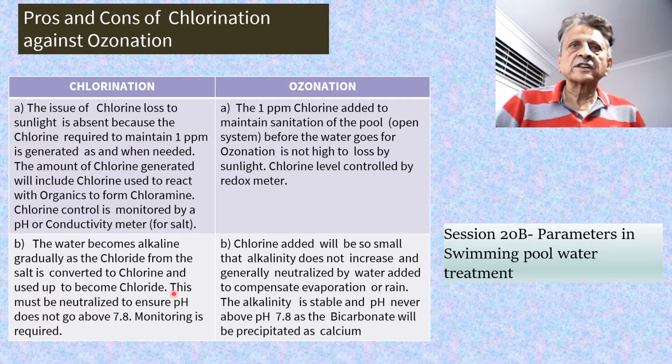We have to monitor the pH to be at least about 7.2 to 7.3. We also have to ensure that we have sufficient chlorine, up to 1 ppm, so that the disinfection will be continued.